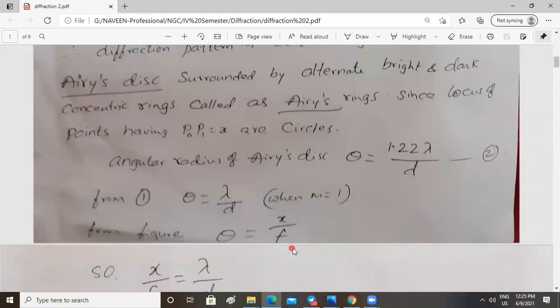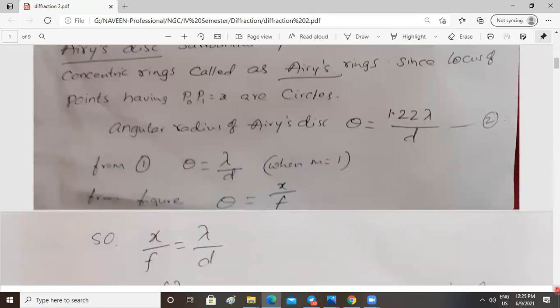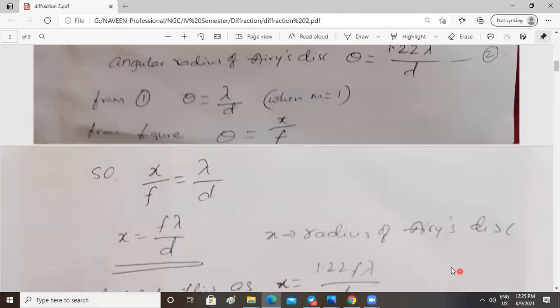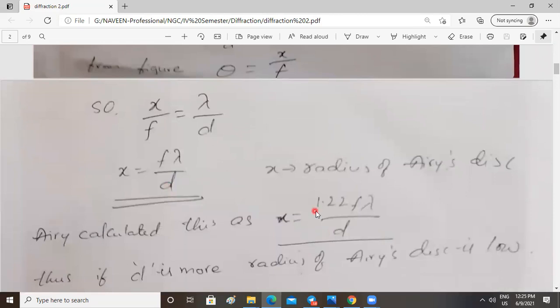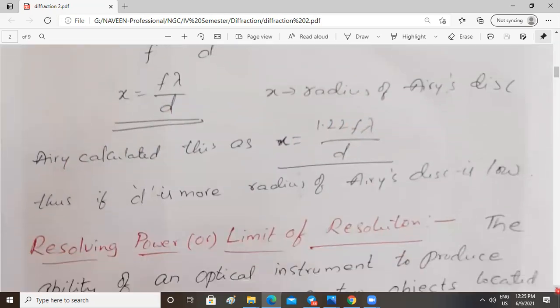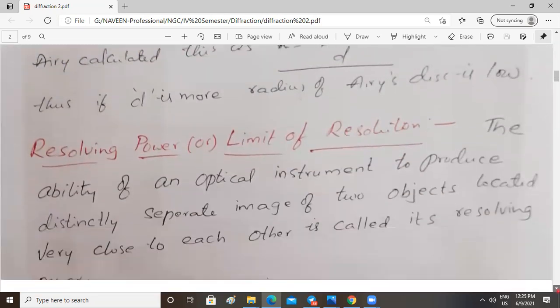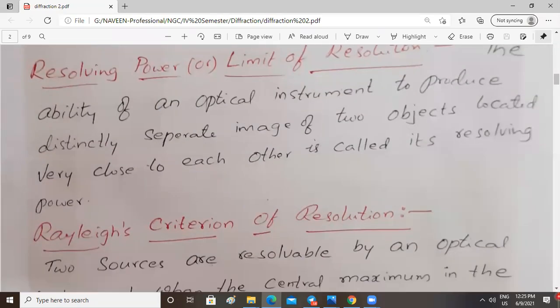From the figure we can say theta is equal to x by f. Theta calculated using the minima condition is lambda by d, and from the figure theta is equal to x by f. If we equate both of them, we get x is equal to f lambda by d as the radius of the Airy's disk, which is very close to the value practically calculated by Airy, that is 1.22 f lambda by d. This is about the diffraction pattern due to a circular aperture.